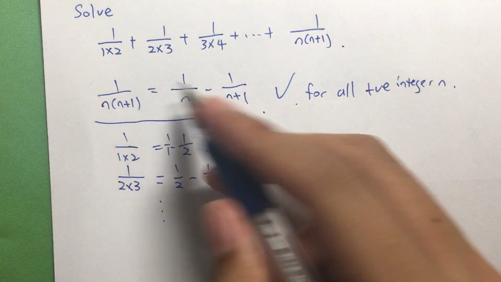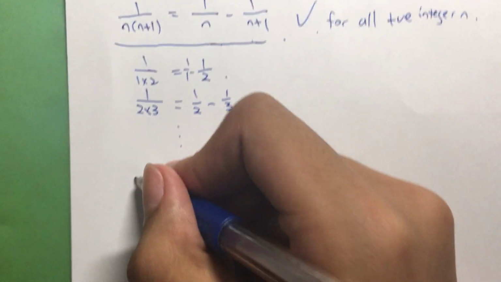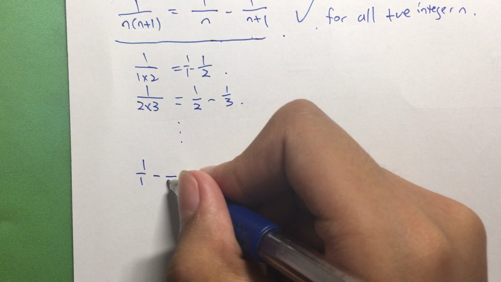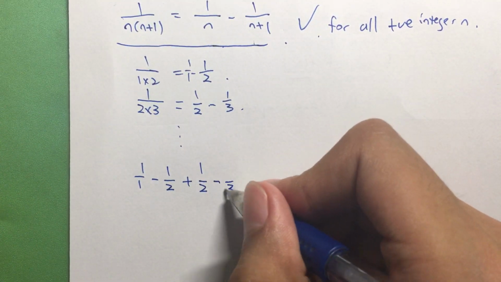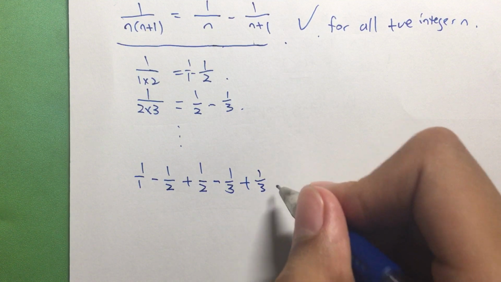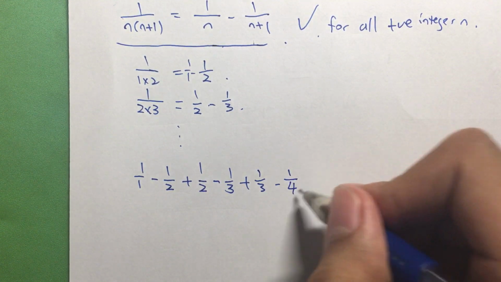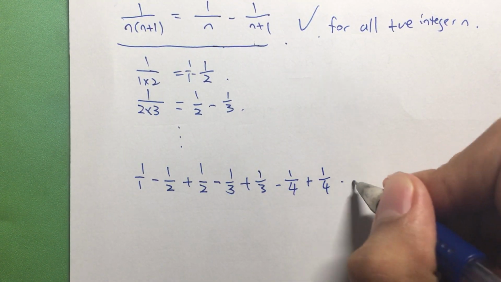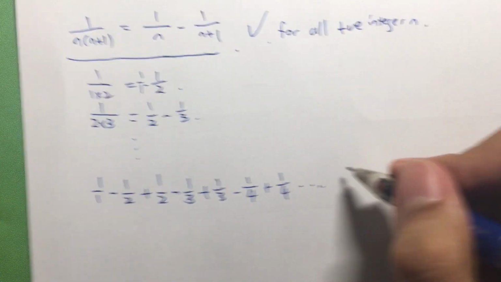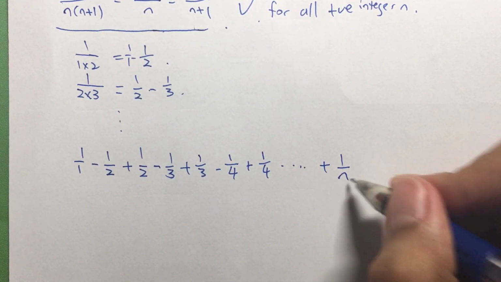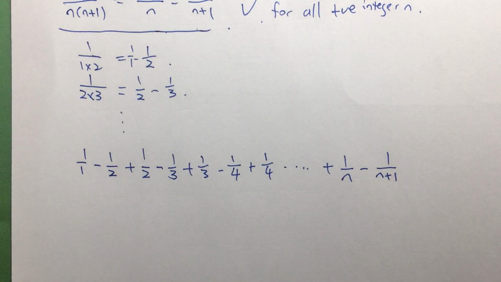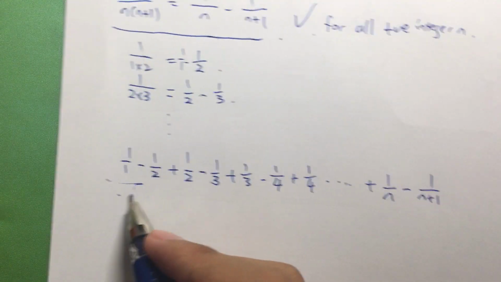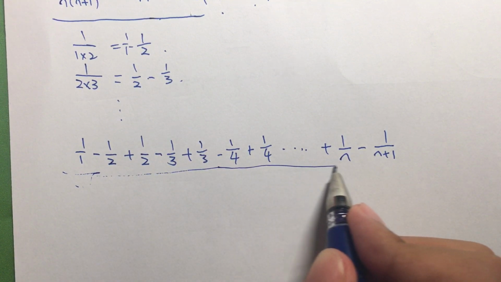So for this equation we can write 1 over 1 minus 1 over 2 plus 1 over 2 minus 1 over 3 plus 1 over 3 minus 1 over 4 plus 1 over 4 and so on, up to 1 over n minus 1 over n plus 1. And that is the whole sequence.